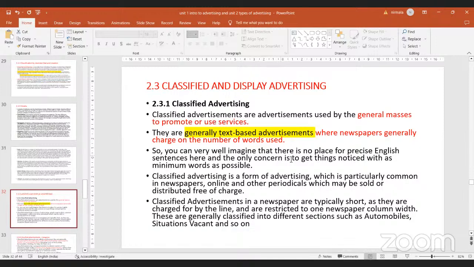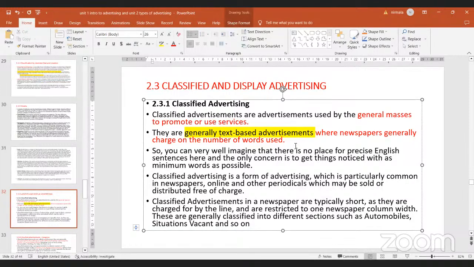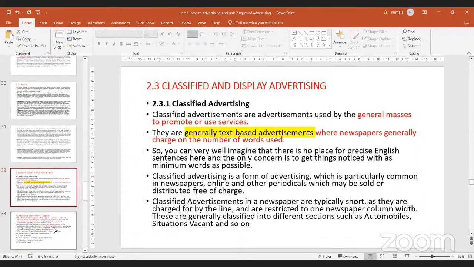Here you will only pay for the number of words which are going to be printed in the newspaper under the classifieds, or it will be in the form of a small column that provides the information to your promising consumers or customers.